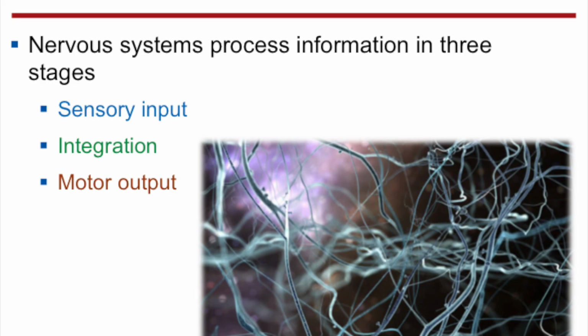So all of this system, this nervous system, basically is a 3-step process. There's sensory input from the external world. That has to then send an electrical impulse to the brain. Your brain then has to integrate that into something meaningful that it can decode and use.